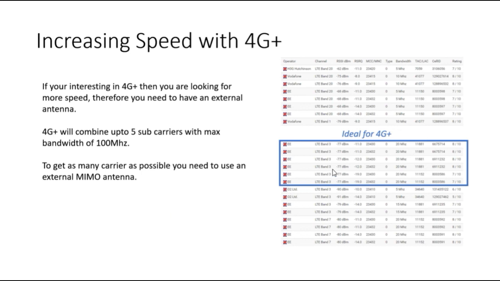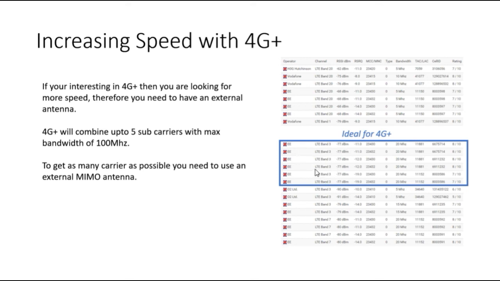So this is an example of a site scanned in Northern Ireland where we have an external MIMO antenna. And what you can see is loads of carriers compared to our indoor example a few minutes ago. But what you'll notice is EE here have this massive block of 20 megahertz channels in B3. And what that basically tells you is that if you turn on 4G here and connect to EE with just a category 4 modem, you'd be limited to one of these channels.